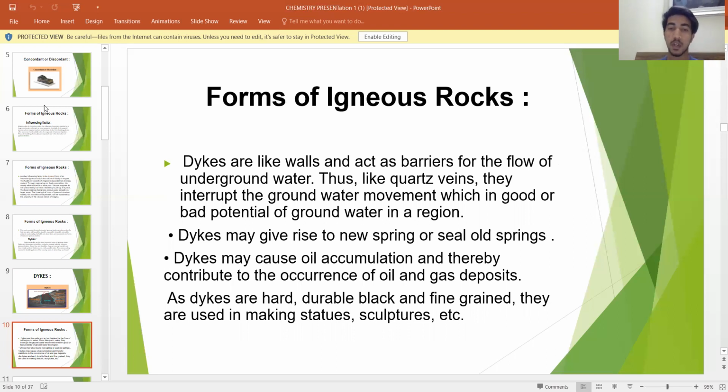Dikes are tubular or sheet-like bodies of magma that cut through and across the layering of adjacent rocks. They form when magma rises into an existing fracture or creates a new crack by forcing its way through existing rock and then solidifies.